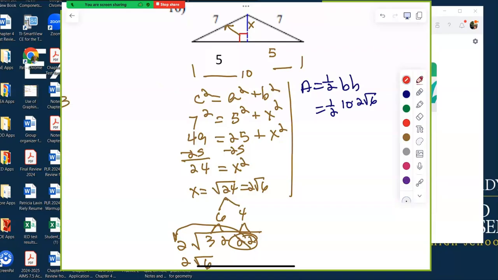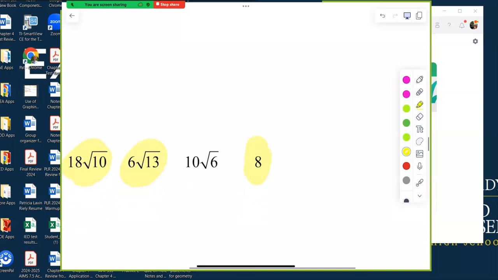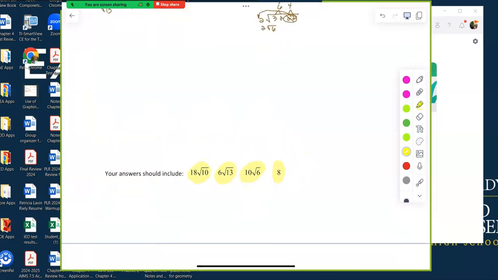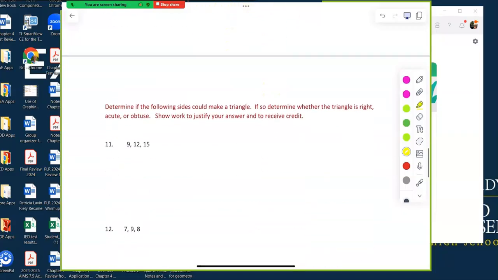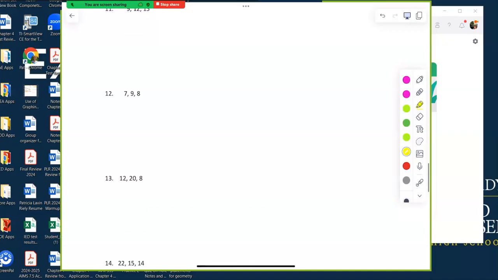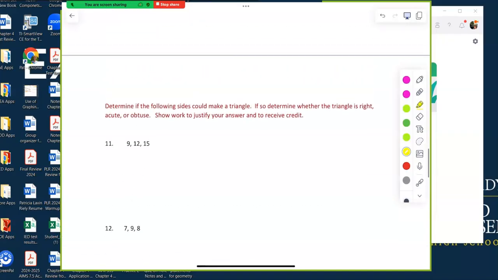So this 2 in the denominator and this 2 in the numerator can cancel, and you end up with 10 radical 6 for your area. Let's just make sure that's good. Do I have a 10 radical 6 down here? Bingo, I do. Okay, so that page is also done. You can go back and make sure that you understand this. Okay, so this is more of 7-1 and 7-2.